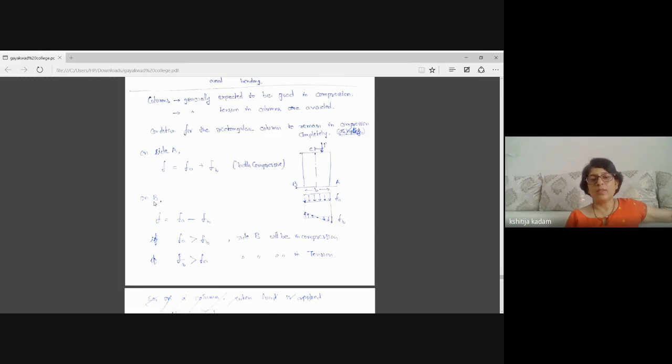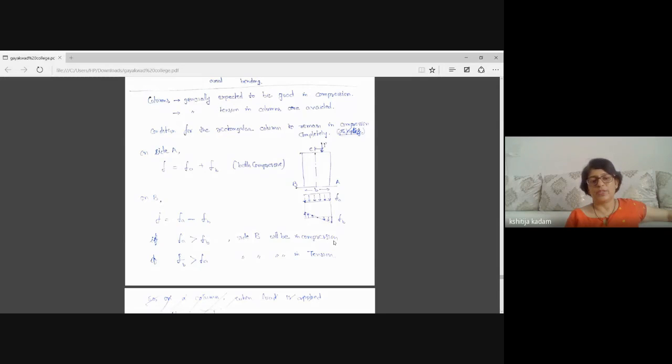On edge B, on the left part, you can see the total stress will be FA minus FB, because FB is tensile, so it is with negative sign. Now, if FA is more than FB, the final stress will be positive.